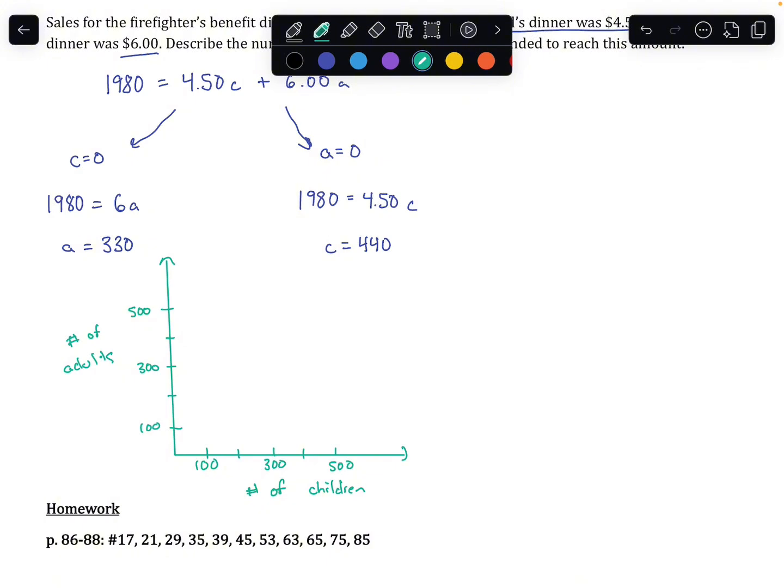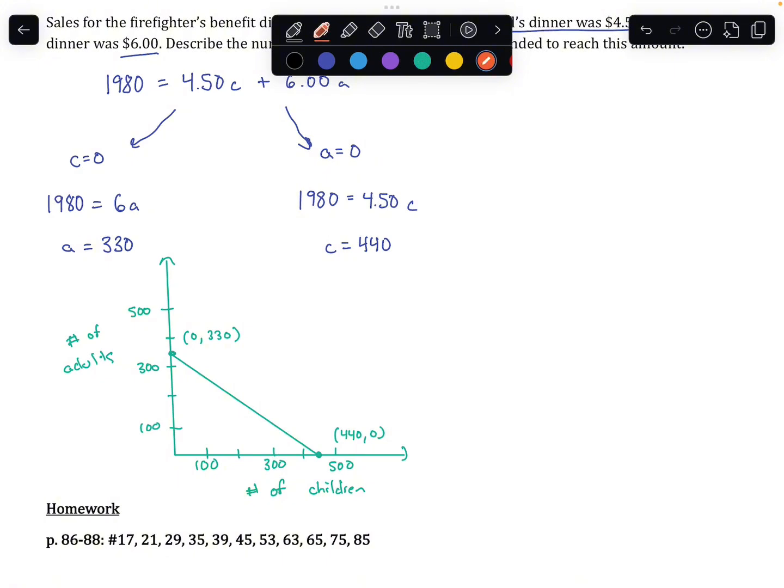Now, where does it intercept A? It intercepts at 330. Where does it intercept C at 440? Here's our graph.